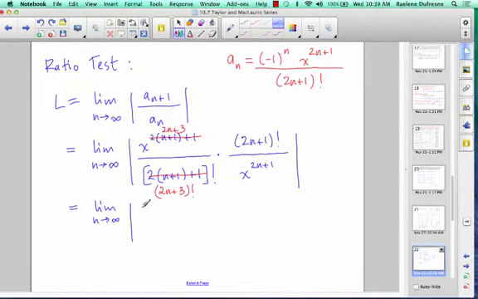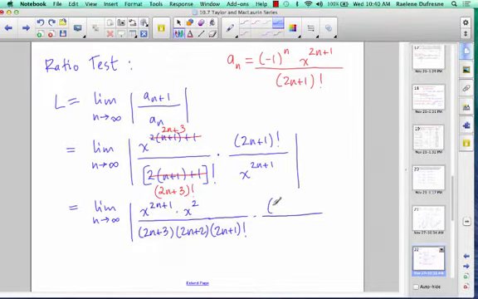So if we expand this, we're going to get x to the 2n plus 1 times x squared divided by 2n plus 3 times 2n plus 2 times 2n plus 1 factorial, multiplied by 2n plus 1 factorial over x to the 2n plus 1. And we can reduce x to the 2n plus 1 top and bottom.